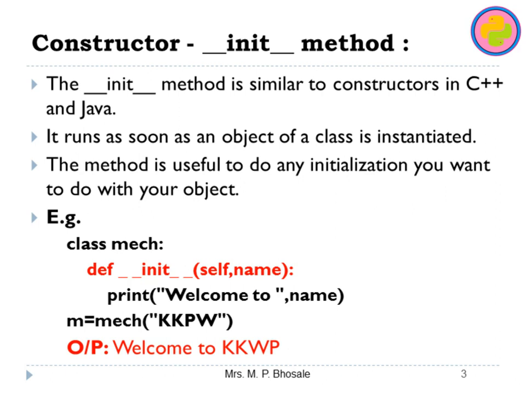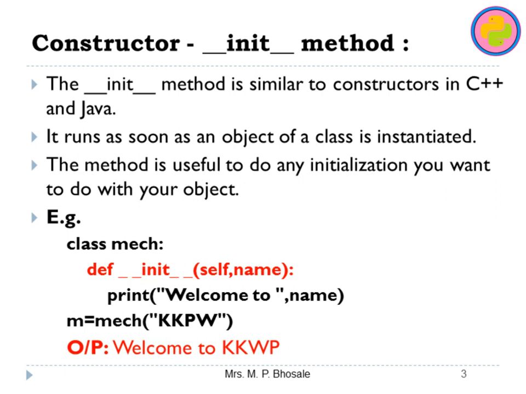The constructors are useful because when you create the object of that class, the statements that you have written within the constructor will be automatically executed. So it runs as soon as an object of the class is created or instantiated.